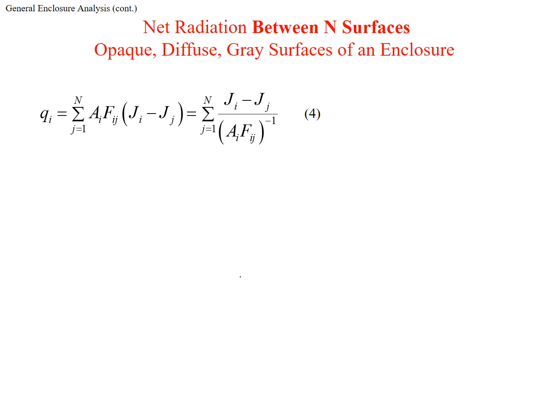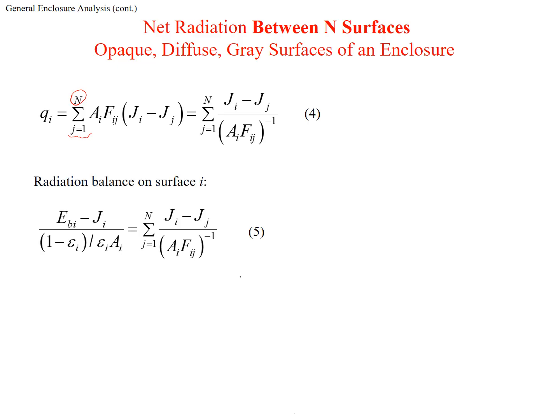In other words, there's this summation here for surface 1 to 1, 2, 3, 4, all those surfaces all the way up to n, and your values are Ai from surface i, Fij, which is, let's say, surface 1, F1j, and then J1 minus Jj, which is your other surface. So in order to do that, you just add up all the radiation from surface 1 to those other surfaces. Depending on their view factors, you'll be able to calculate the net radiation from surface 1 to all other surfaces.